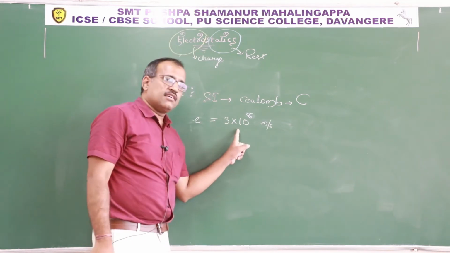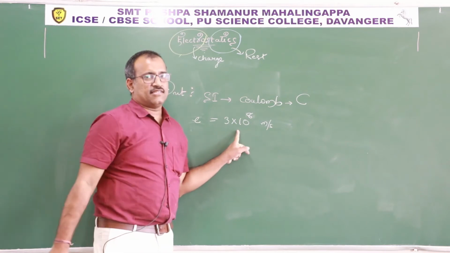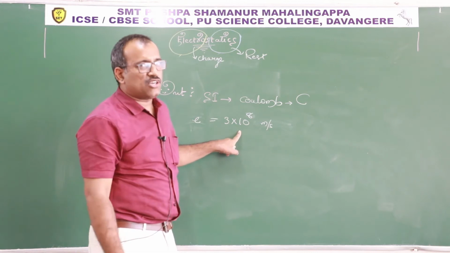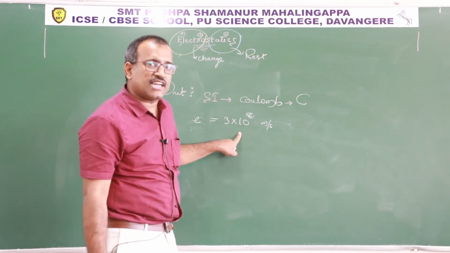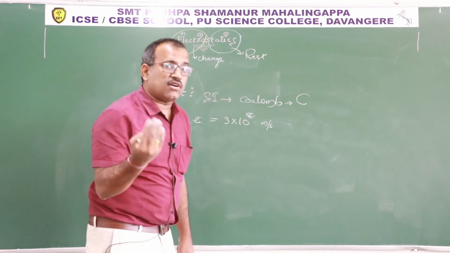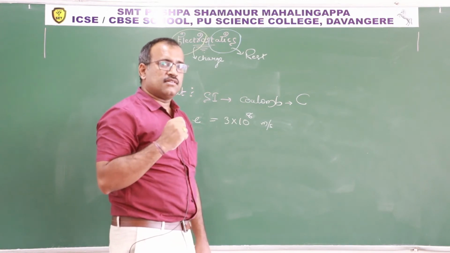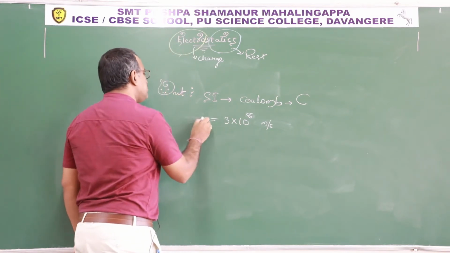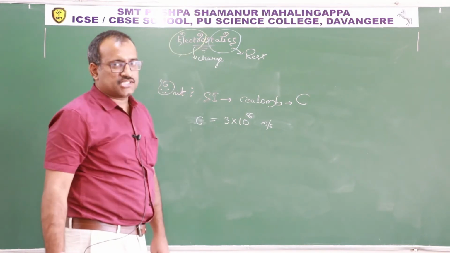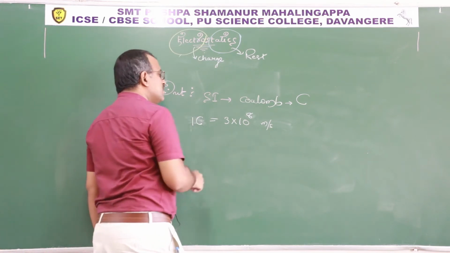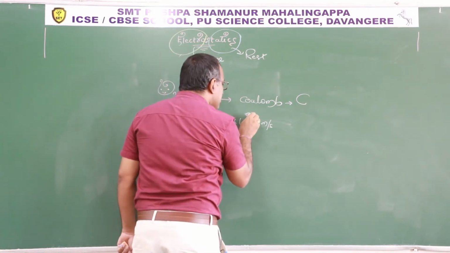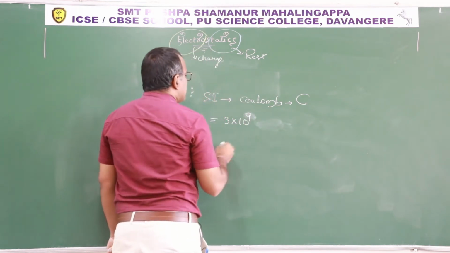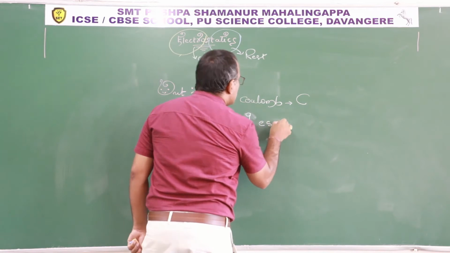So this is the velocity of light. But right now our topic is about charge. Capital C and 1 Coulomb is 3 into 10 power 9 ESU.